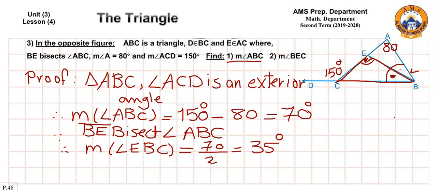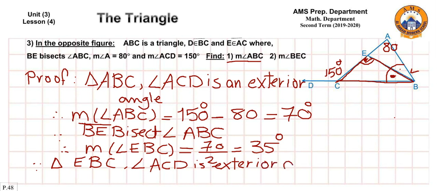Now we can say that in the triangle EBC, angle ECG is an exterior angle.